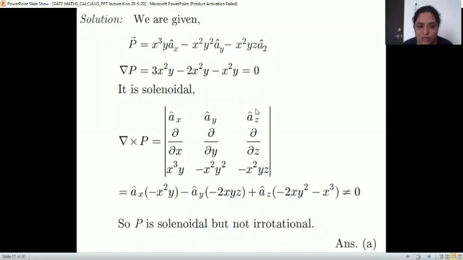And then we check del cross p, ijk are replaced by ax cap, ay cap, az cap. Don't take tension, it is just like ijk, okay?